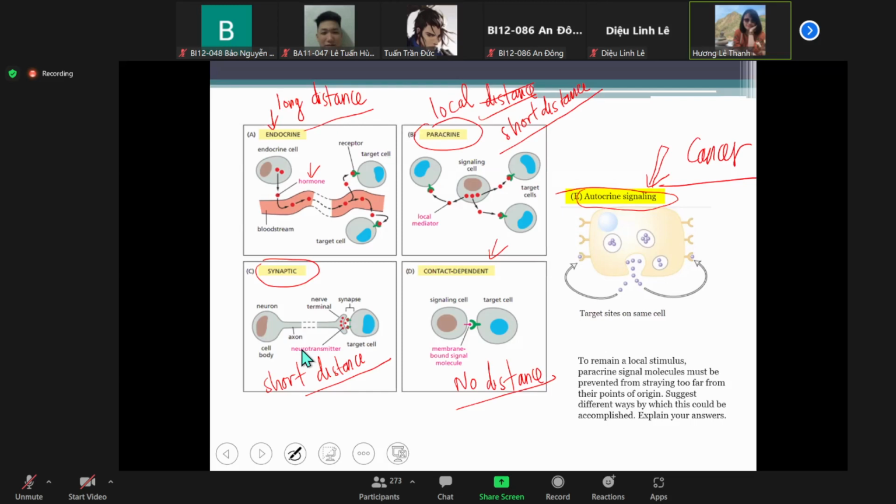And another thing: these are specific regions, and they will have the extracellular matrix here. The ligand needs to stop here.